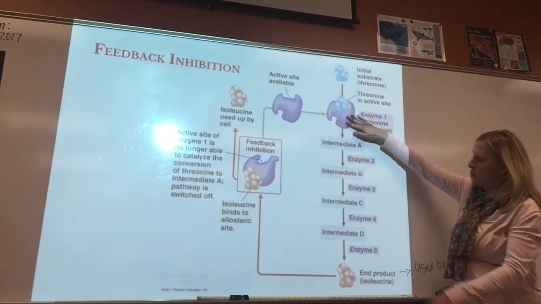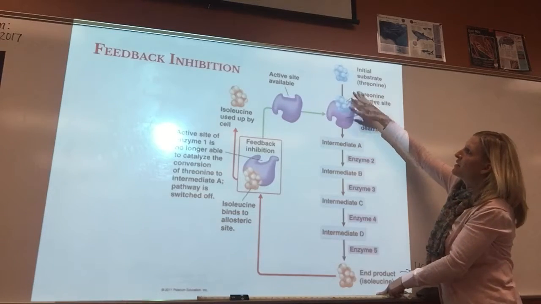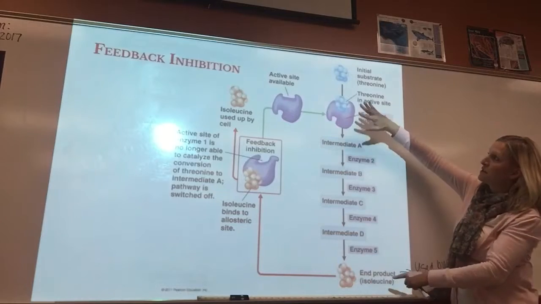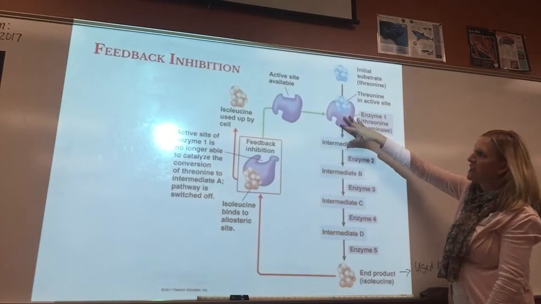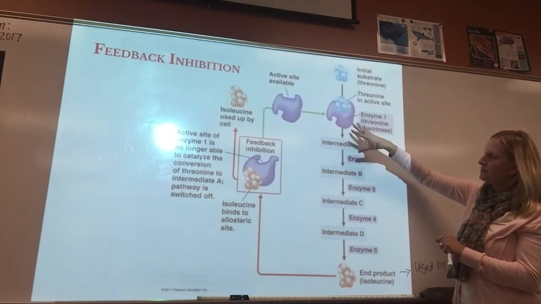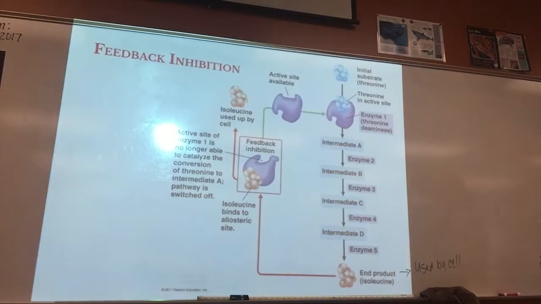And if this enzyme won't work, will you make any more isoleucine? No, because every enzyme has to work here in order to get the isoleucine. So if we stop it at the first step here and it acts as an inhibitor to that enzyme, then that first reaction doesn't happen, which means none of the following reactions happen.